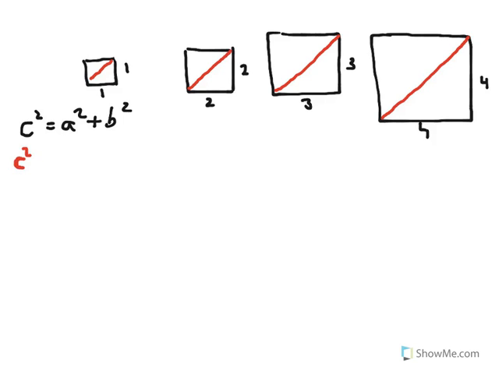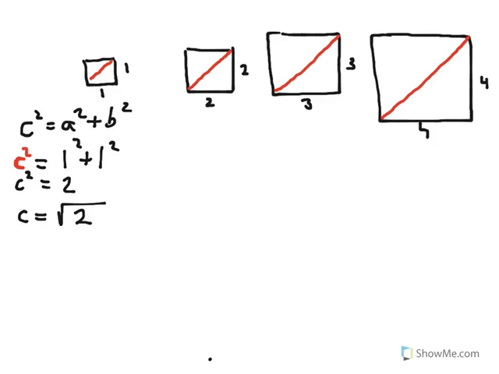So it equals 1 squared plus 1 squared, which is the same as 1 plus 1, which equals 2. So c squared, the hypotenuse of our first triangle, is 2. So c, the length of our hypotenuse, is the square root of 2.